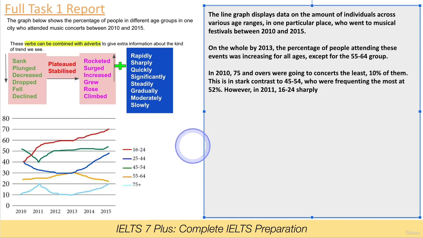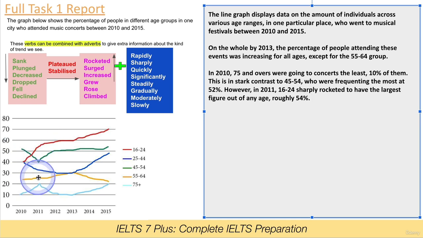Sharply rocketed to take the biggest or the largest percentage or largest figure of any age. Let's have a look. 2011 is about here, roughly 54%, maybe.